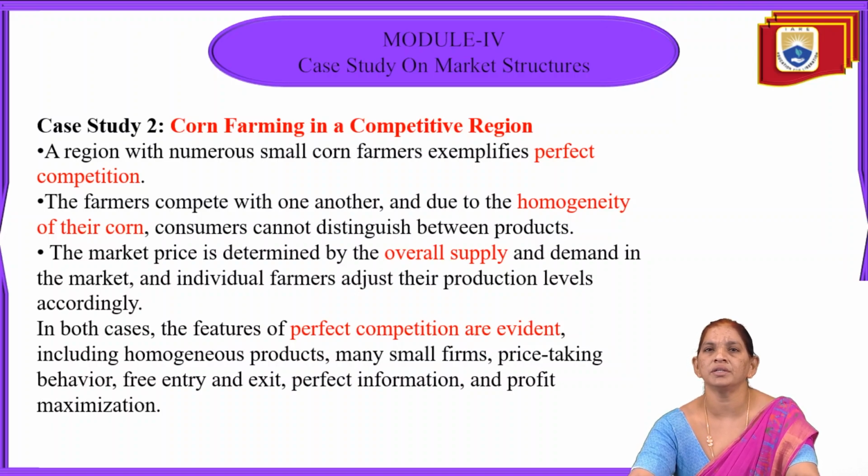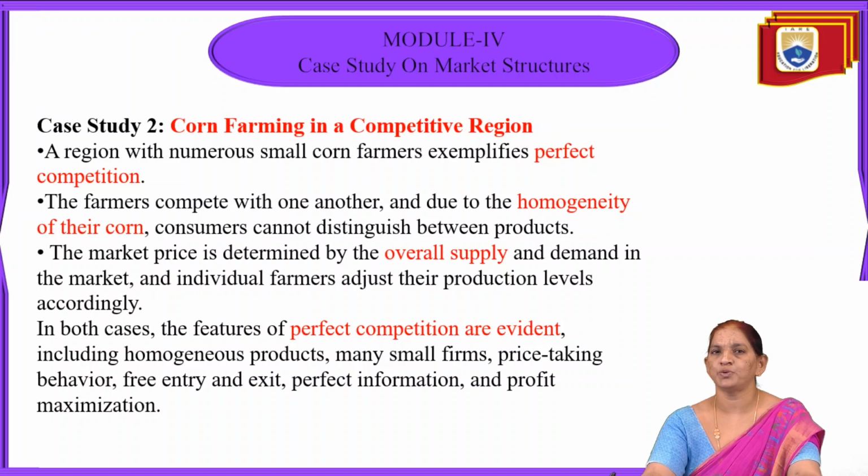The farmers compete with one another, and due to the homogeneity of their corn, consumers cannot distinguish between the products. As homogeneity has taken place in perfect competition, the product is equal in all respects, and it cannot be differentiated from one producer to another.